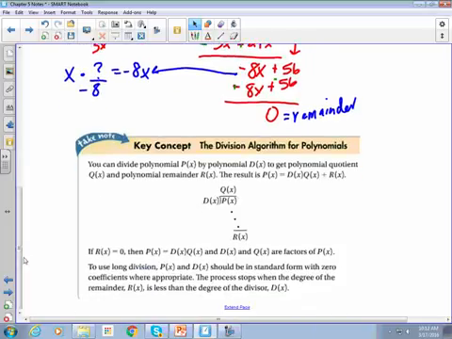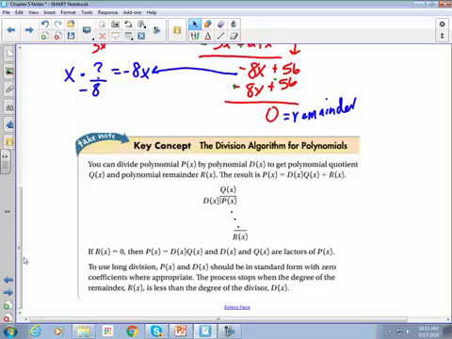All right, so the division algorithm for polynomials. Look how sophisticated and fancy we are. We get to use words like algorithm and polynomials. You can divide polynomial p of x by polynomial d of x to get polynomial quotient q of x and polynomial remainder r of x.